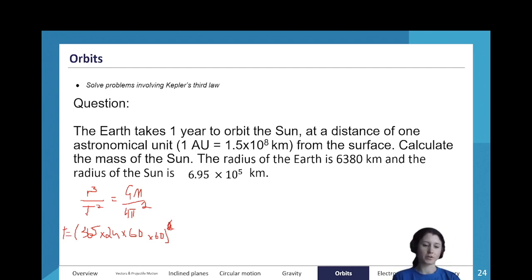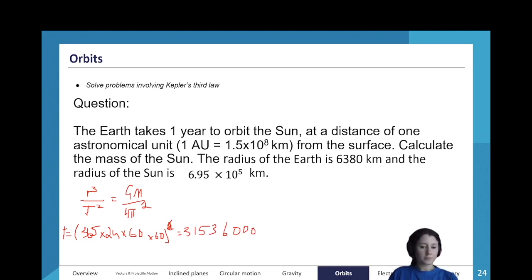So we're going to have 365 by 24 by 60 squared, which gives us 3153600.